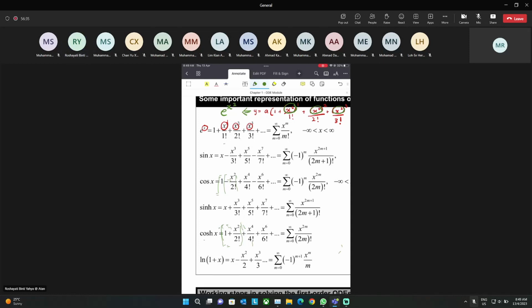Because you look at the pattern, to the power of 1, 1 factorial, to the power of 2, 2 factorial, to the power of 3, 3 factorial. Same goes to the green circle here. What we have here is x, your x now becomes x squared.